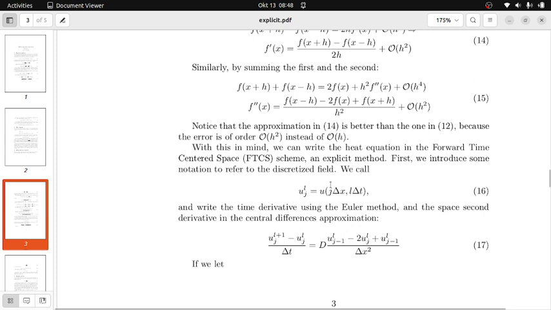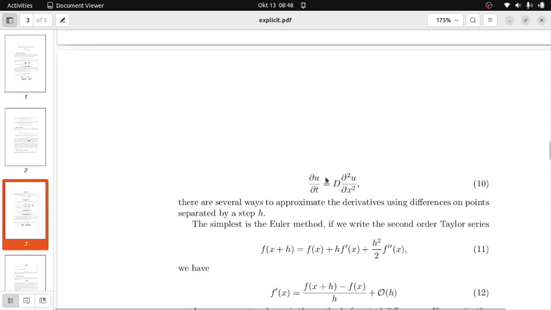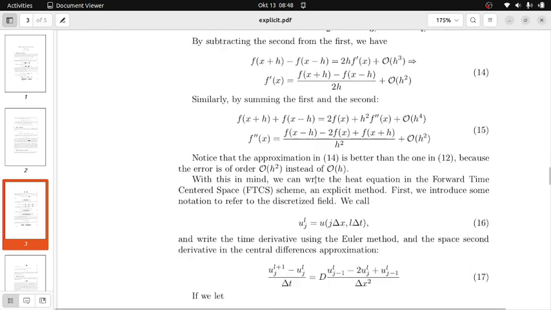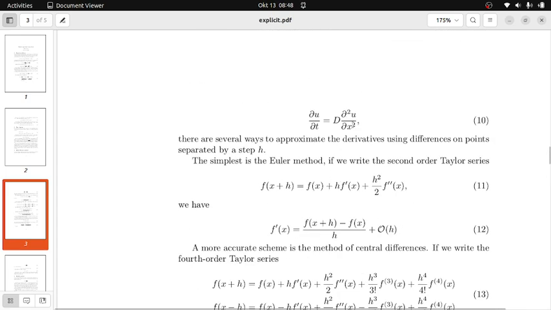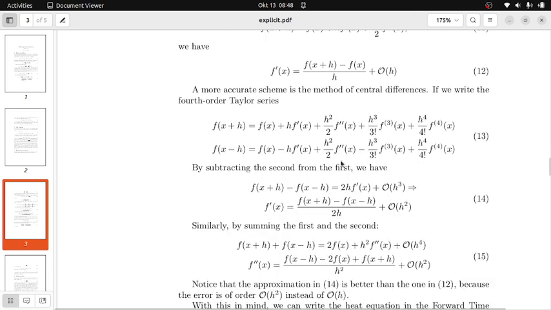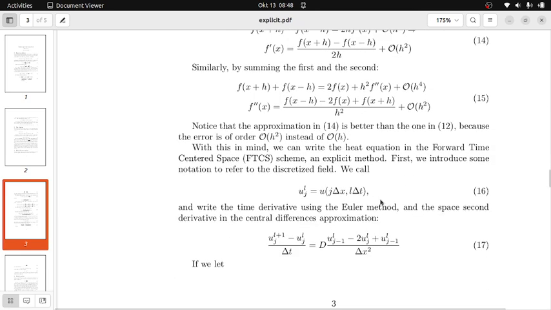This l here does not mean to the power of l, it means just that it's evaluated at time l Δt, right? And the idea in this FTCS scheme is that we write the time derivative with the Euler method and the space derivative using the central differences method, right?